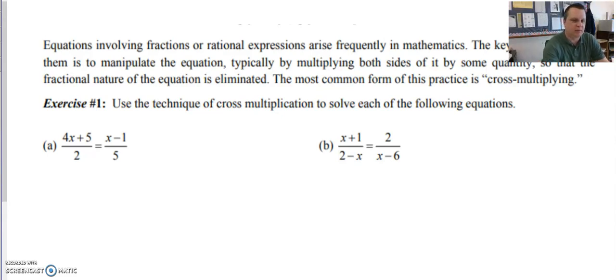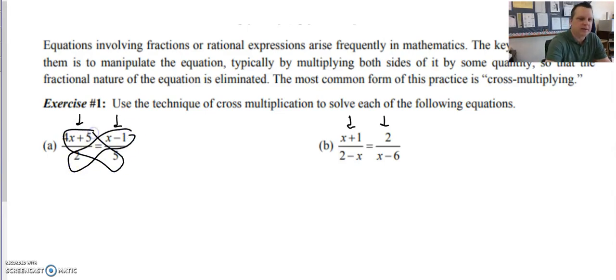We're starting right with the first exercise. If you have a single fraction on the left and a single fraction on the right, like you do in exercise A and B, you could just cross multiply and then solve for x. So we have 2x minus 2 equals 20x plus 25.